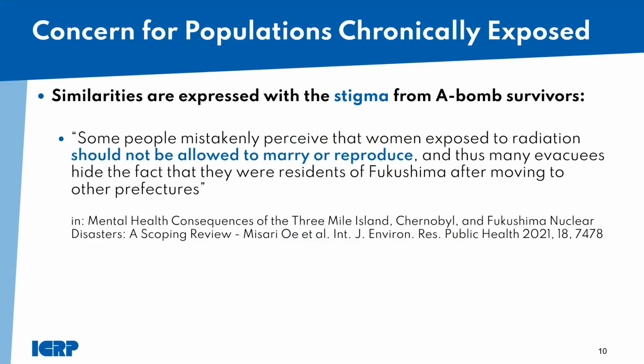When we discuss with the population from Fukushima or from Chernobyl, they always say that some people are not allowed to marry or reproduce because they are coming from the affected region.